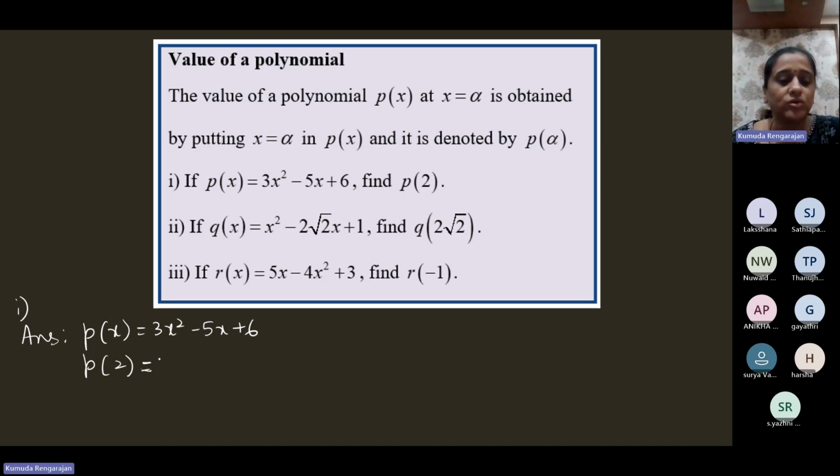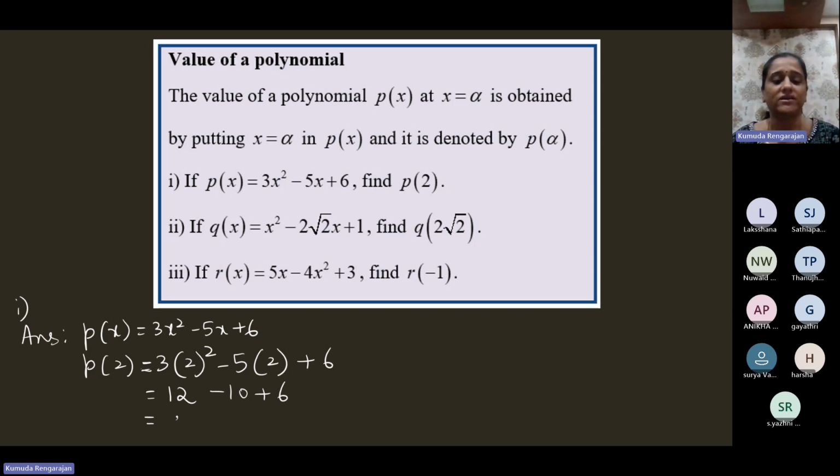So p of 2. So 3 into x is 2, right? 2 squared minus, wherever there is x, replace 2, plus 6. So p of 2 is equal to 2 squared is 4. 4 3s are 12. Minus 10 plus 6. So 12 minus 10, 2. 2 plus 6, 8. Good.